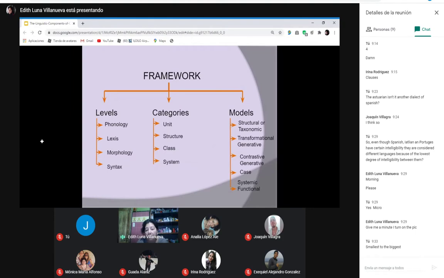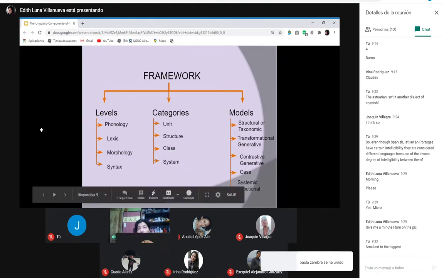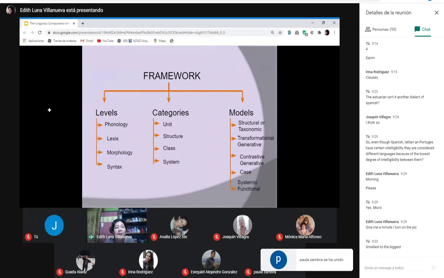There is an example in the manual that refers to a new language. If linguists happen to find people speaking a language not known before, the study of that language is going to include elements from all these levels. I mean, all the findings they come to are going to be distributed or categorized in these levels.